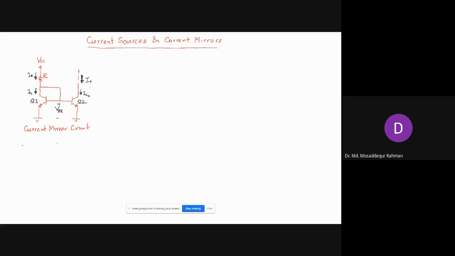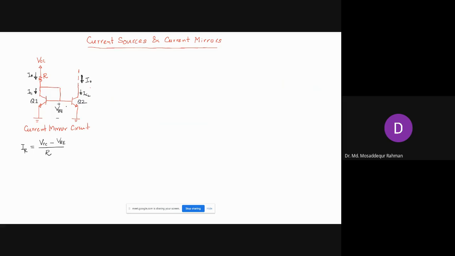The IR that we can easily determine is VCC minus VBE, divided by R. So that is the current IR.